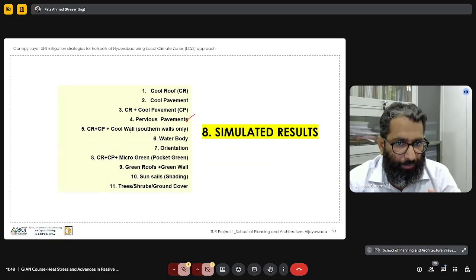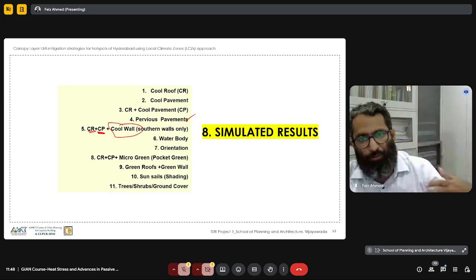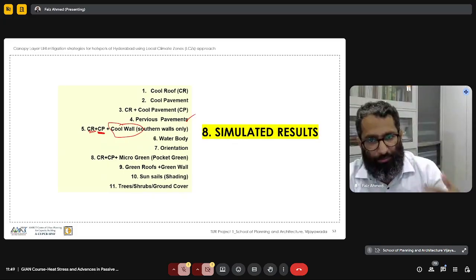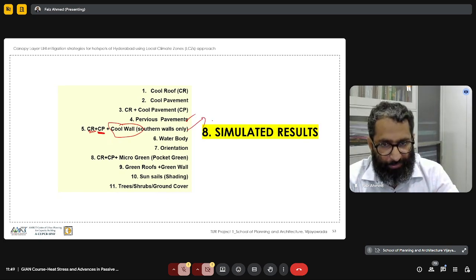We also tested pervious pavements, and in addition to cool roof plus cool pavement, we also added a cool wall only on the southern wall, based on the solar radiation studies that were done, to see whether this can also help in a certain way. And of course, we tried a water body, and in the new layout, the impact of orientation.